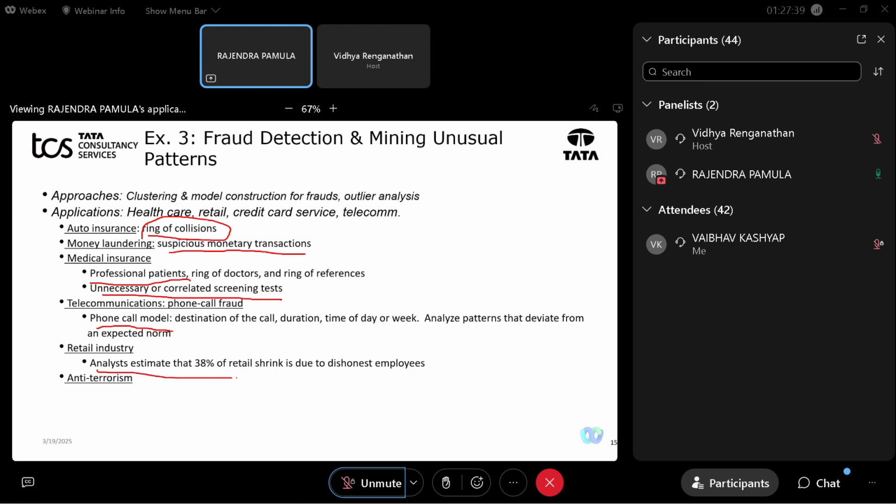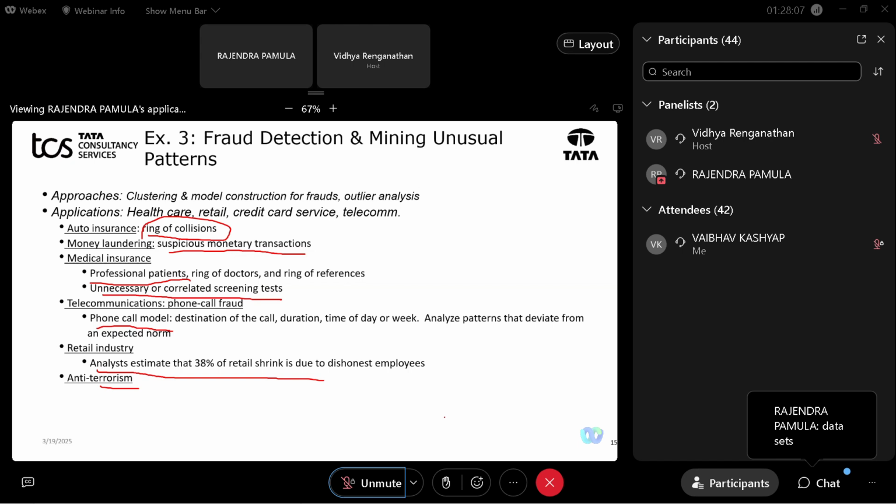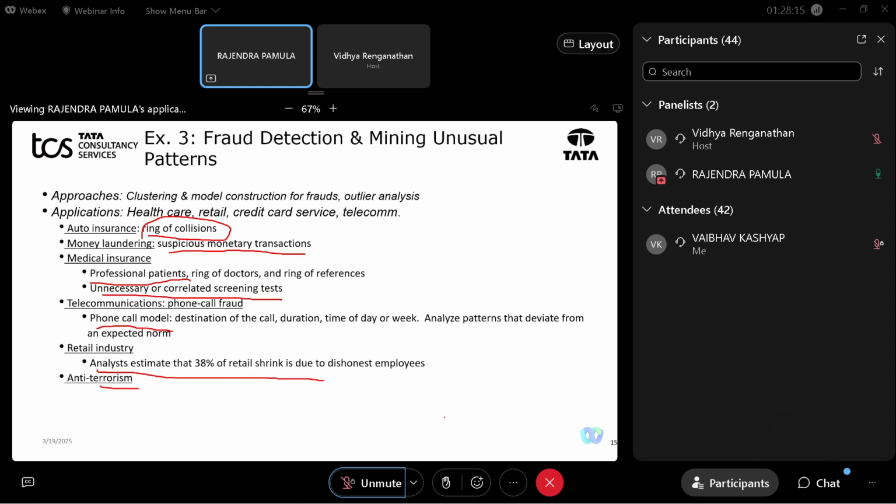Analysts estimate 38% of ring and shrink were due to dishonest employees. Terrorism. So there are different things. What we understand from all three important applications is that the main parameter is the data. The data behind all these applications is very, very important.